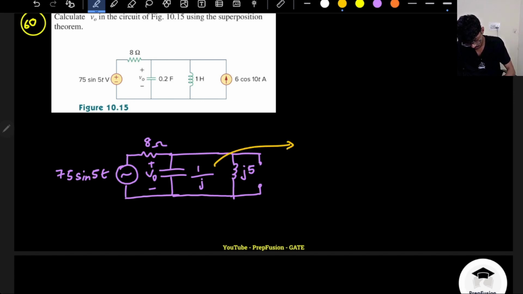Okay, so this value I need to find out, v naught, right? So I can apply a KCL here. So this will be v naught minus, I can change this to phasor. So this will be 75 angle 0, assuming sine 5t to be my reference.